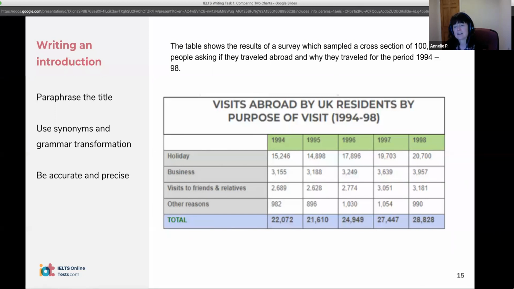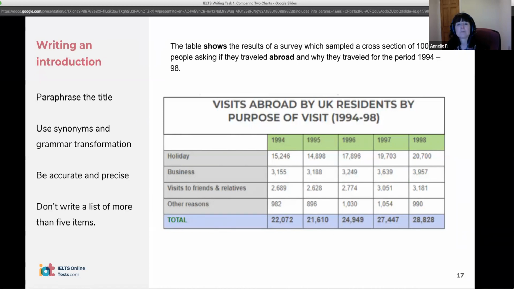Maybe visits as well. Anything else we're going to change? And the time period. Yeah, definitely you would want to change the time period. So we're going to look specifically at shows and abroad, why they traveled and the time period. You don't have to change everything, but there are certain words where it's easier to think of a synonym or a different way of doing it.